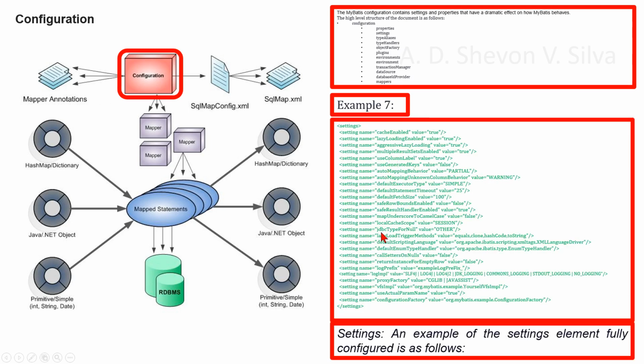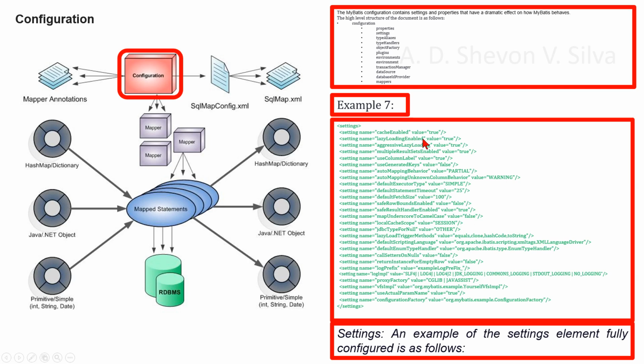Now we are considering settings. An example of a fully configured settings element is as follows. Here the setting cacheEnabled globally enables or disables any cache configured in any mapper under this configuration.